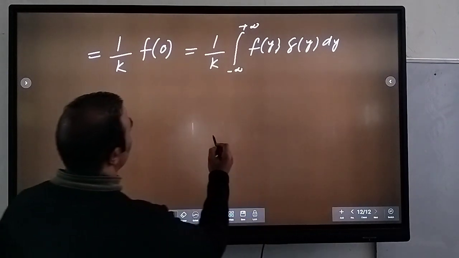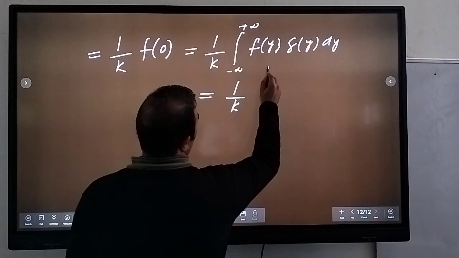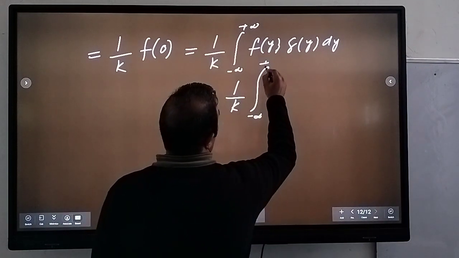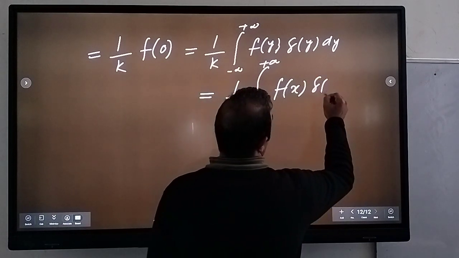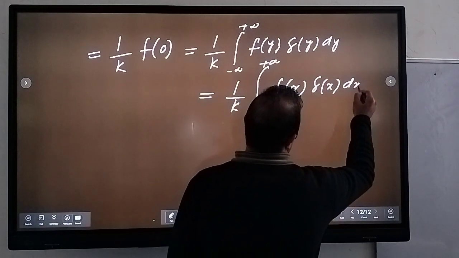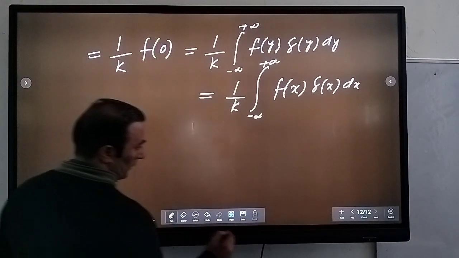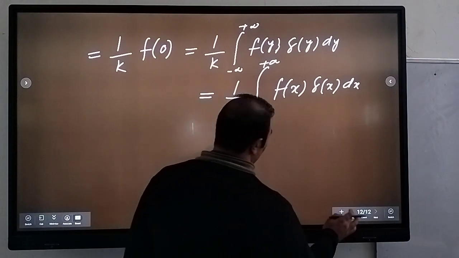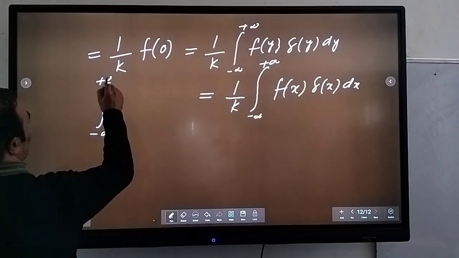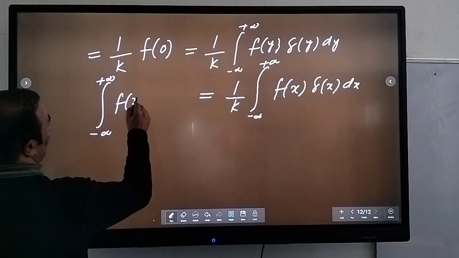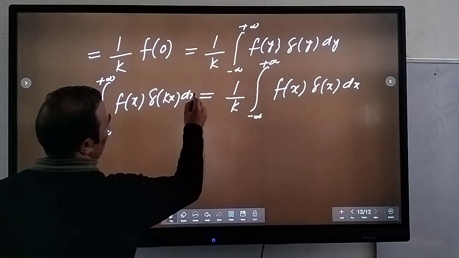You can write this as 1 by k, instead of that you can write this as, from minus infinity to plus infinity, f of x delta of x dx, right? Or if you compare this with this equation, because we have this limit from minus infinity to plus infinity, that is f of x delta of kx dx, right?